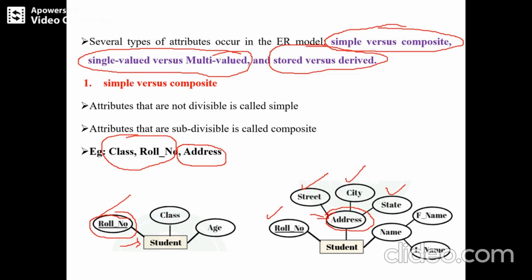Therefore, this kind of attribute we call a composite attribute. Or else you can also consider name as a composite attribute, where once again the name is divided into subcategories: first name, middle name and last name. This is how we represent simple versus composite attribute definition, example along with the entity relationship diagram.